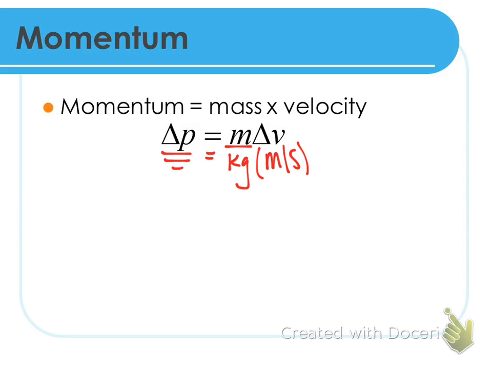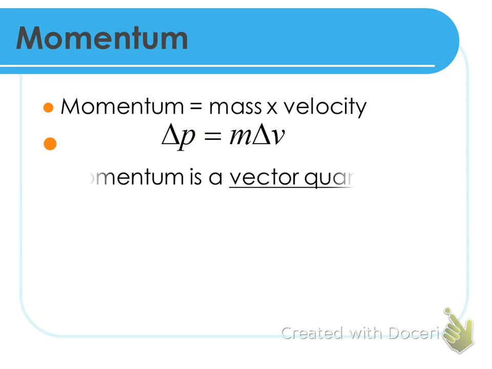Okay, so this delta right here, all this means is change in, right? So this means final momentum minus initial momentum is equal to mass times final velocity minus initial velocity. That's what our delta means.